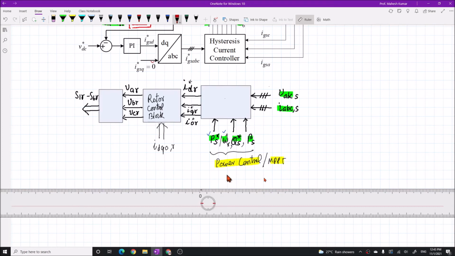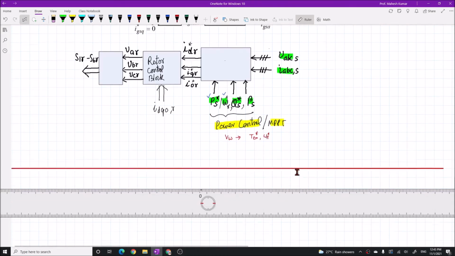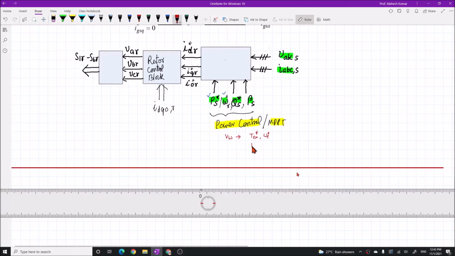So for a given wind velocity, there is a set of T electromagnetic and omega r, or we can say there is a set of P electromagnetic or omega r star. One implies another because these are the pairs at which the maximum power takes place.